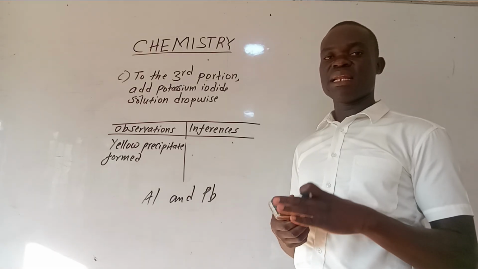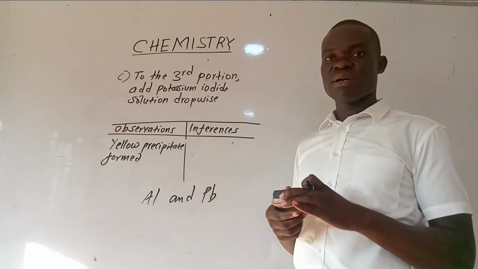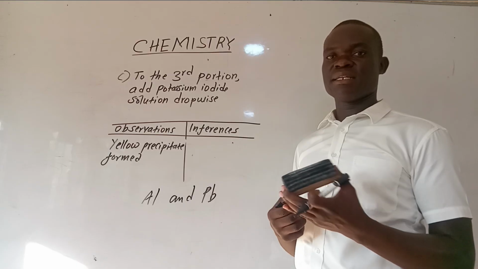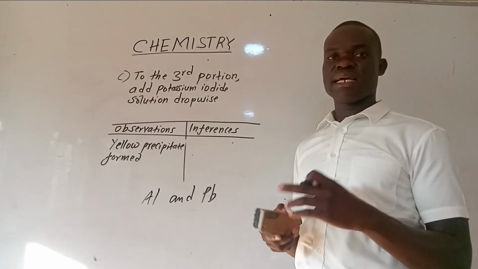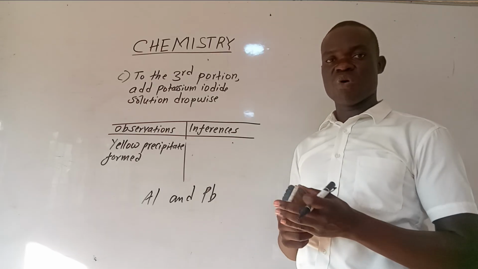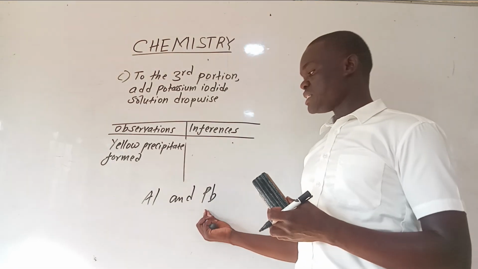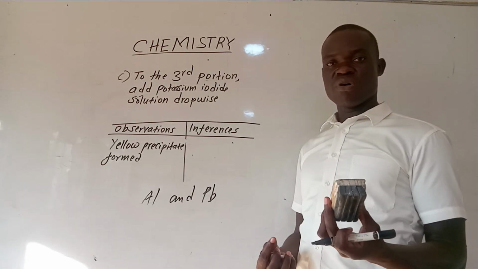That means lead chloride is insoluble in cold water, and it can only dissolve when the mixture is warm. So we say that a white precipitate forms, soluble on warming.